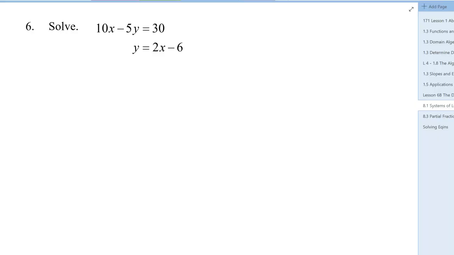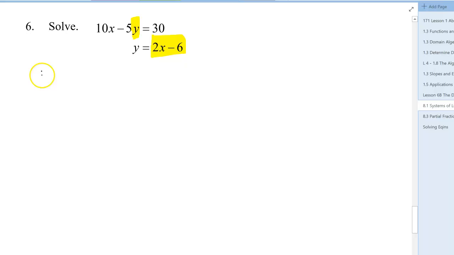I think solving using substitution is the best method here because this second equation, again, is already solved for y. So I'm going to take what y is equal to and plug it in for y in the first equation.